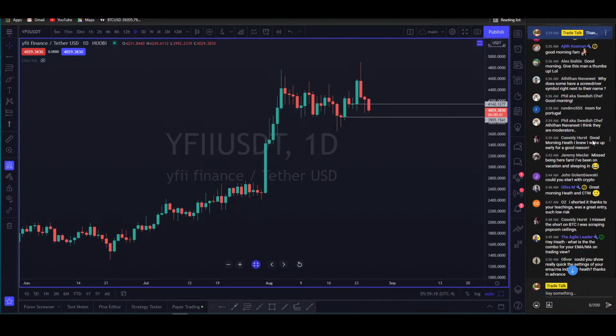Okay, let's see here. Good morning, everybody. OZ, I shorted thanks to your teachings. Was a great entry. Such low risk. That's exactly right, my friend. That's what my strategy is designed to do. It's designed to get you into these positions with such a small stop loss. You can immediately exit that risk, two-thirds of it, and what you have left over, the one-third position, is essentially the size of a standard swing trading position, right?